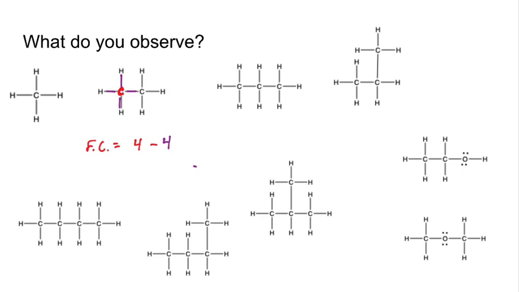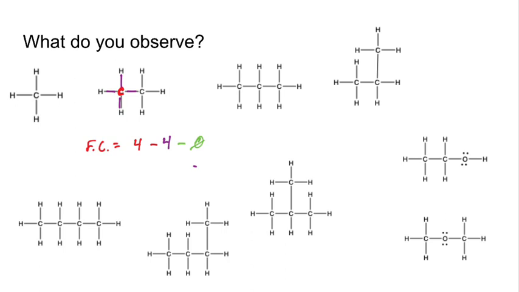How do I know I have non-bonding electrons? I have dots. Do I see any dots on that carbon? Nope, which means how many non-bonding electrons does it have? 0. Now I run the calculation, 4 minus 4 minus 0, and hopefully I get 0. So the formal charge on that carbon is indeed 0.